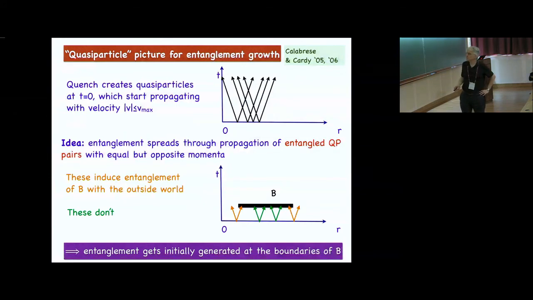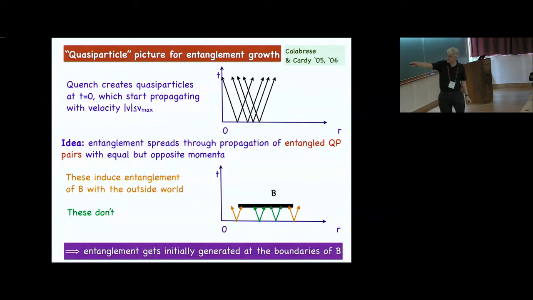Well, simply in the following way. Let's look at this quasiparticle pair. Initially it was made here. Now the left-hand member moves to the left and hits your subsystem at this time, whereas the right-hand member is in the other part. But they remain entangled. So this pair will contribute to the entanglement of B with the rest of the system at that time.